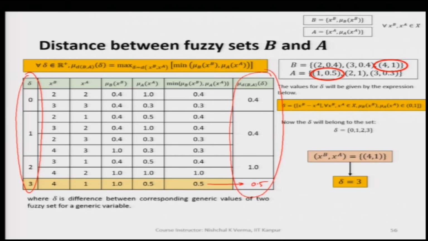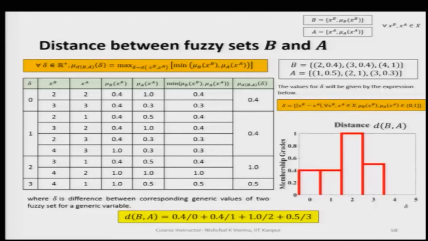We will make use of these two entries, and we will write the fuzzy set which will be representing the distance between two fuzzy sets B and A. So, here we are going to write d b comma a. This is nothing but the distance between the discrete fuzzy sets B and A.